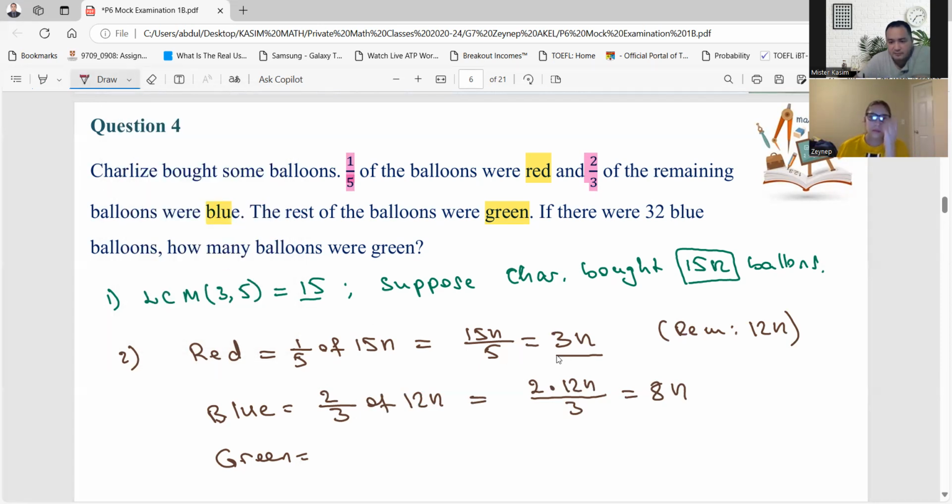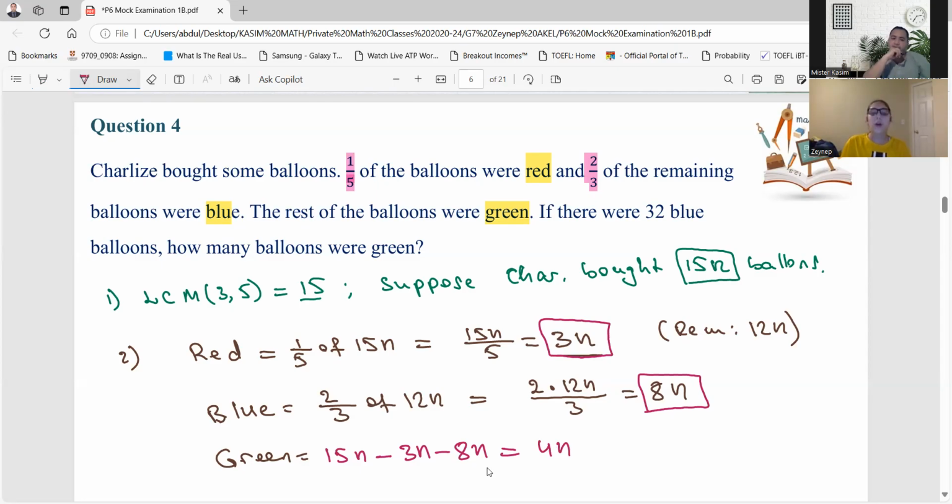So 3N balloons are red and 8N balloons are blue, right? How many green balloons are there in terms of N? Altogether she has 15N. 3N are red and 8N are blue and the rest are green. So 15 minus 3 is 12, 12 minus 8 is 4N. 4N of them are green.